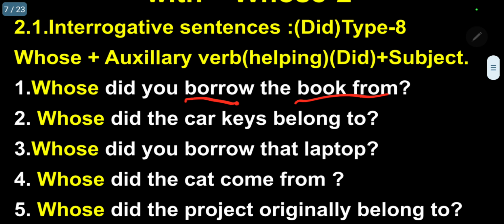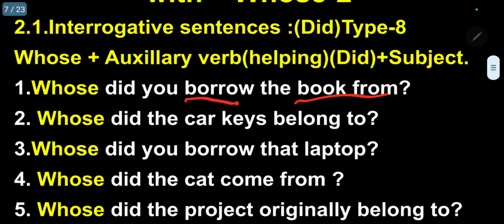Past tense, யாரிடம் இருந்து. Or, அல்லது நீ வாங்கிய இந்த புத்தகம் யாருடையது? வாங்கிய, past tense.